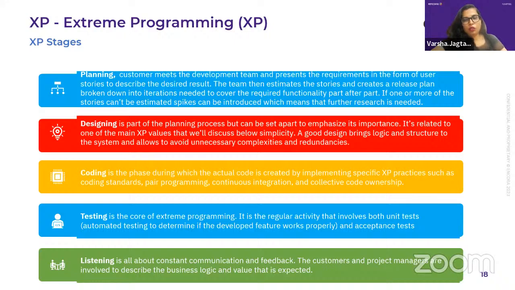If one or more of the stories can't be estimated, spikes can be introduced, which means further research is needed. So if I'm somebody following Scrum very diligently, I might say my requirement should be clear before this sprint. But in XP, I would say this might need further estimation. Just plan it; maybe a product person and a developer would research together and deliver that.